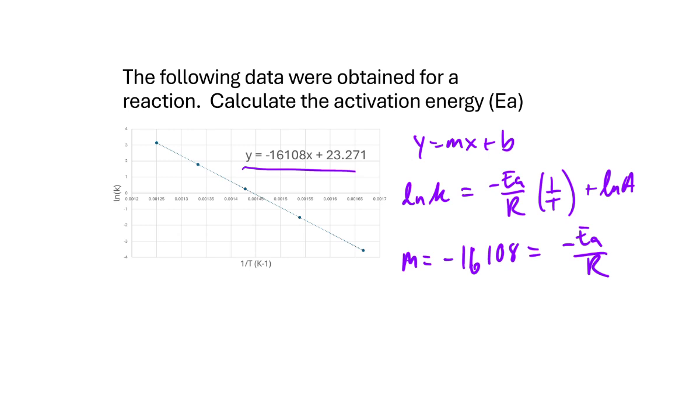Remember? What's that? Yeah, so we're going to multiply both sides by negative R. Okay, which R? 8.314. So this is joules per mole Kelvin.